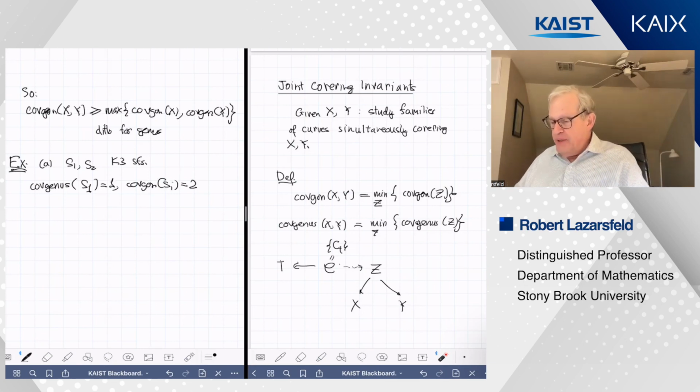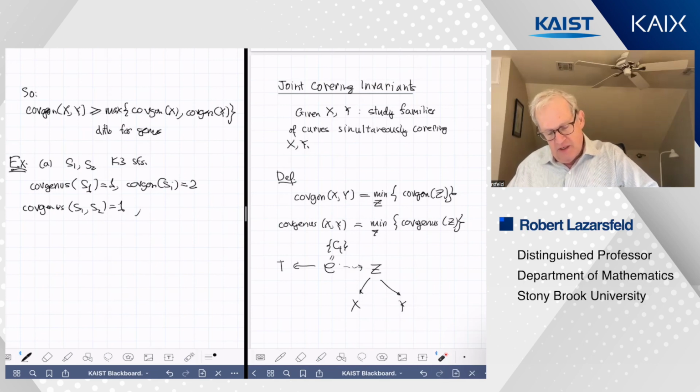But the claim here is that in fact this is also computing the joint invariant. So the joint covering genus of S1 and S2 is also 1, and so the joint covering gonality is 2. And why is that?